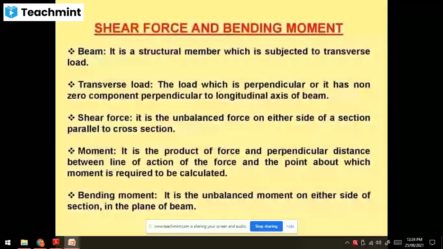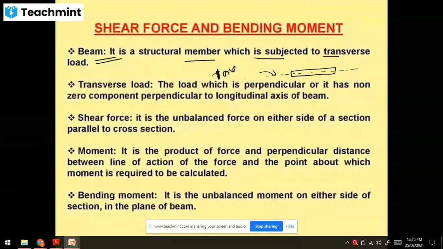So first of all, what is a beam? A beam is a structural member which is subjected to transverse load. Take one element with a horizontal axis. That axis is called the longitudinal axis.